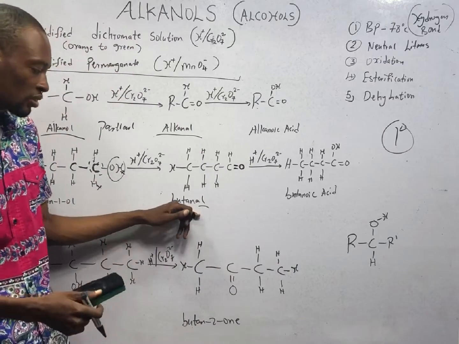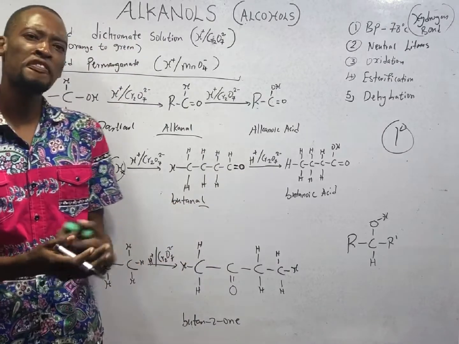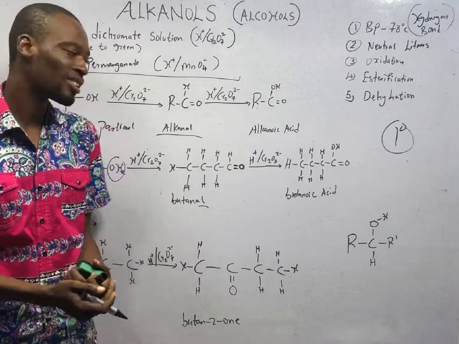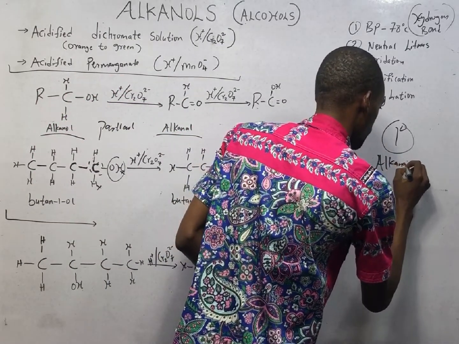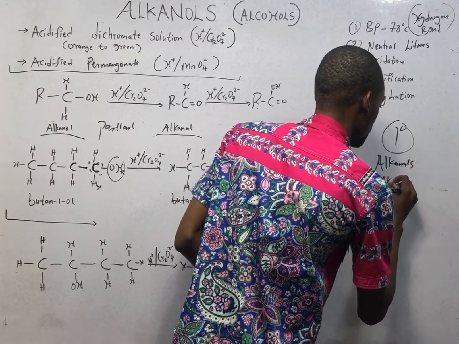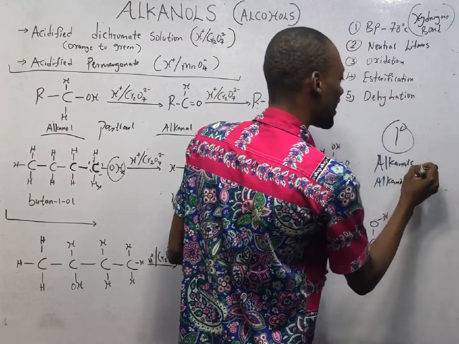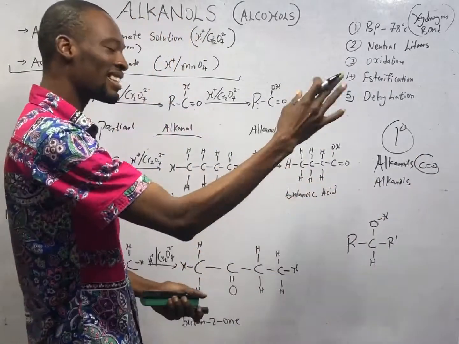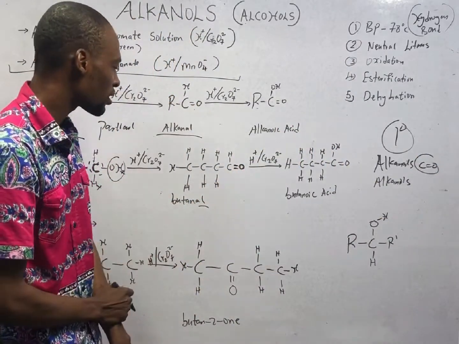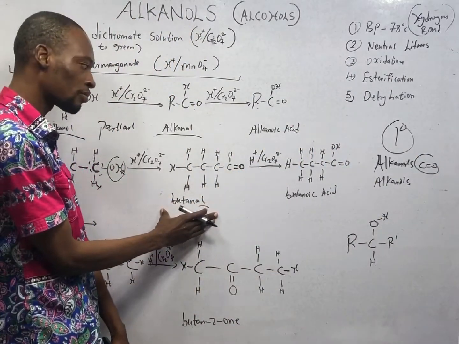This is an alkanal. Now, there is a difference between alkanals and alkanones. For alkanals, you see the carbon double bonded to oxygen is at the terminal. You see what I'm talking about. So this is an alkanal.